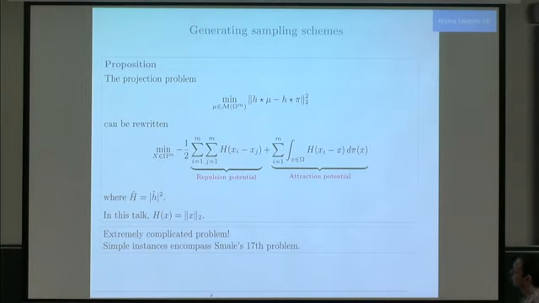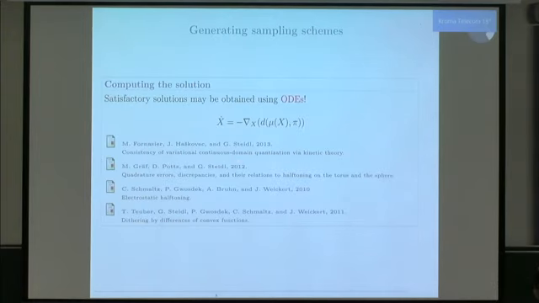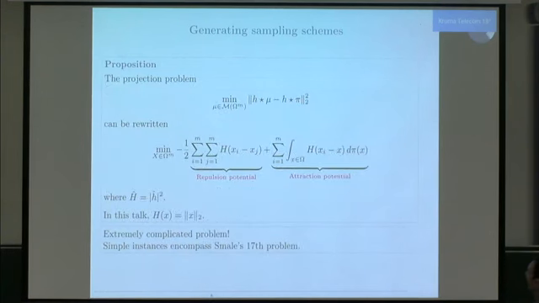One is a repulsion potential, an energy that will try to repulse the samples, and the other one is an attraction potential, which will try to attract the xi toward the regions of high mass of pi. And the relationship between h and h-hat here is a Fourier relationship like this.